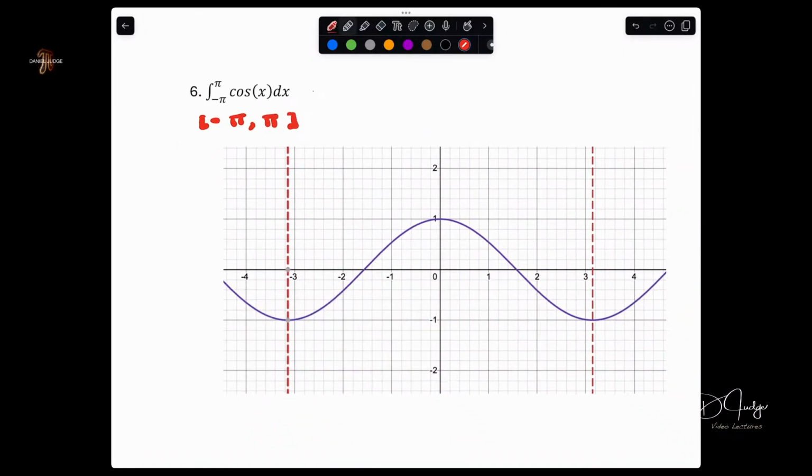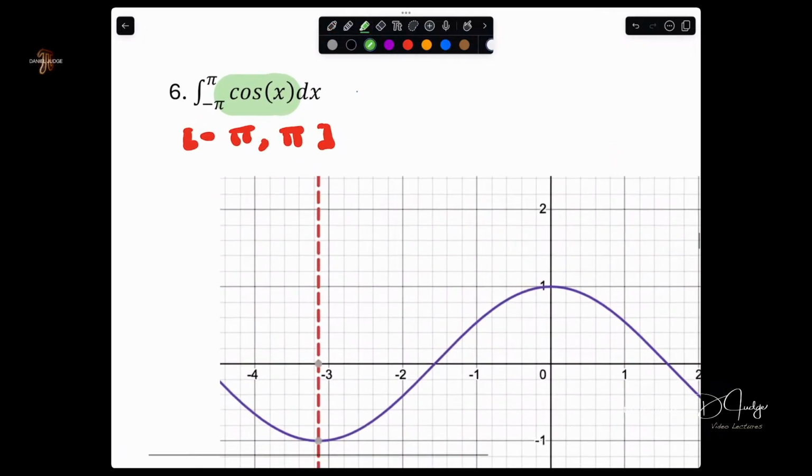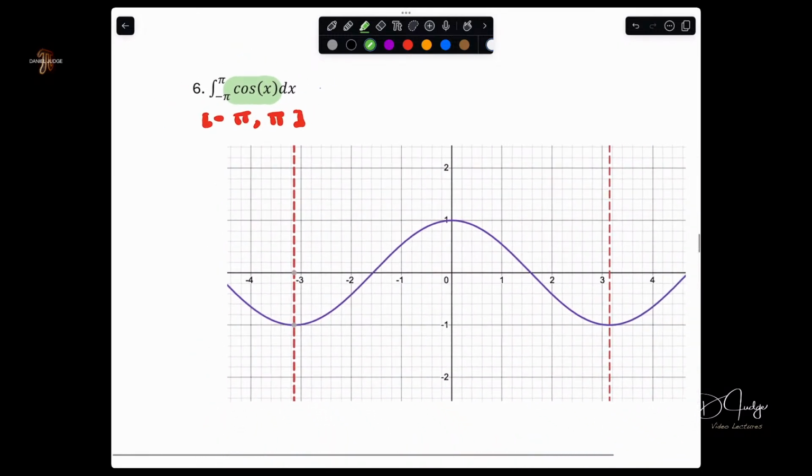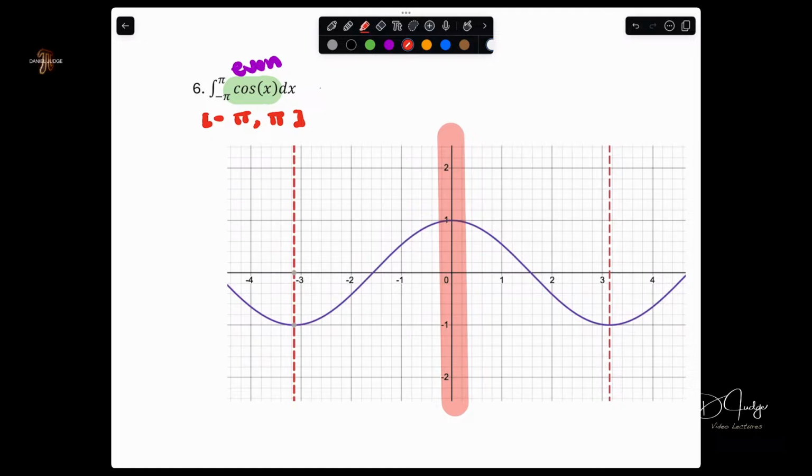Now, the cosine function, if we recall, is an even function. Cosine was even. Physically, what that means is the function is symmetric about the y-axis. This is your y-axis. Your function is symmetric about it. It's even.